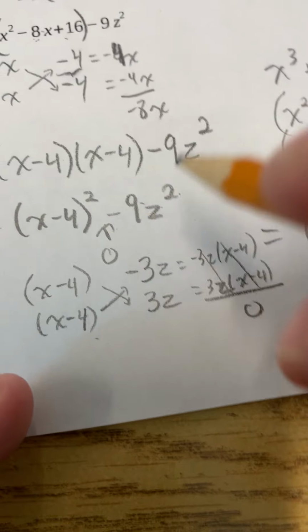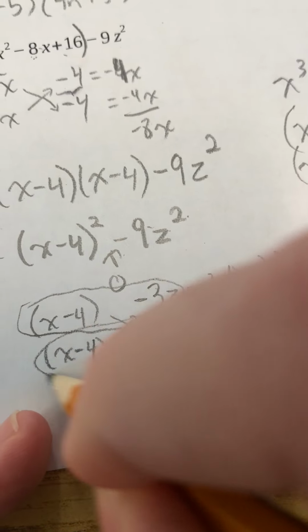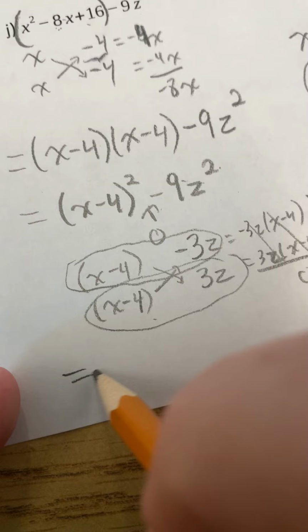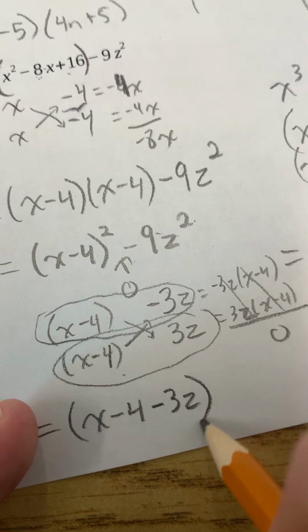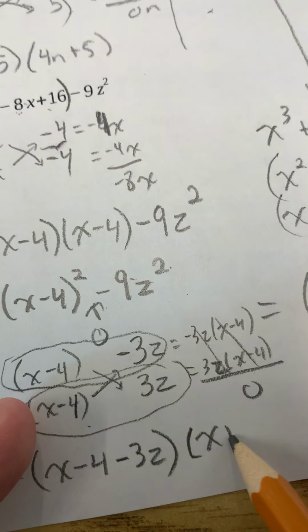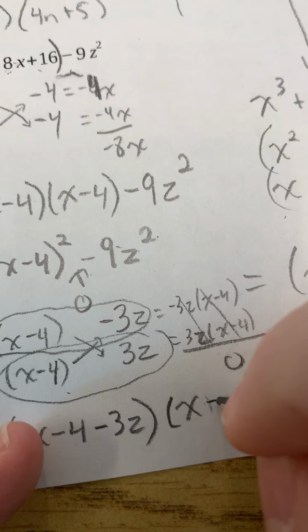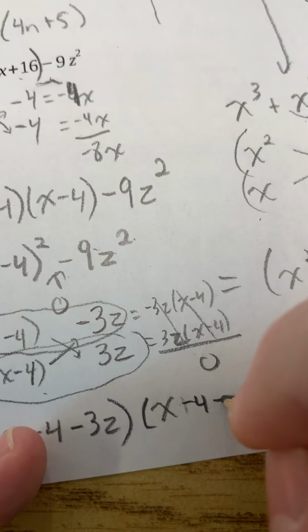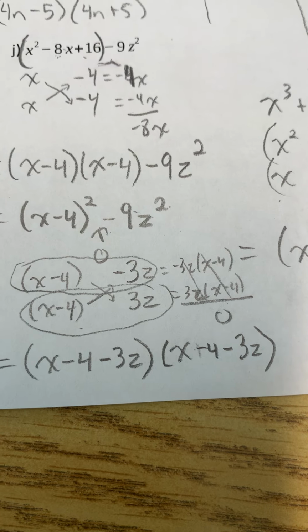Okay, so our brackets are these. So this is our first bracket. This is our second bracket. So x minus 4 minus 3z and x minus 4 again plus 3z.